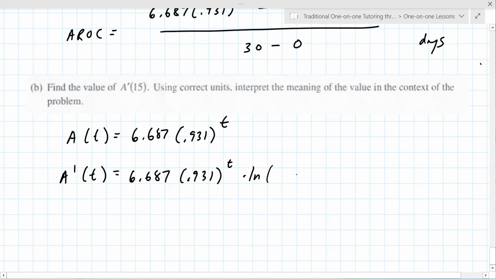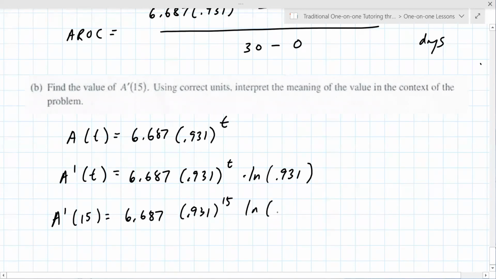So if it were e, the natural log of e is 1, but in this case it's the natural log of 0.931. And then A prime of 15 means to put 15 in for t. Its units are the same as the average rate of change, because the slope is the derivative. It's all the same, pounds per day.